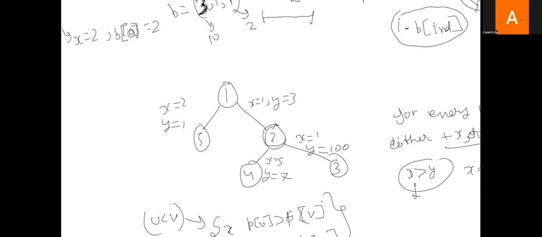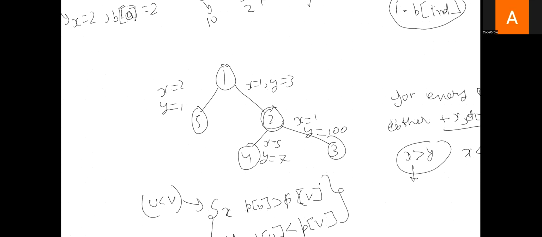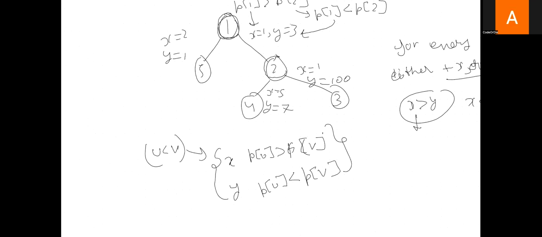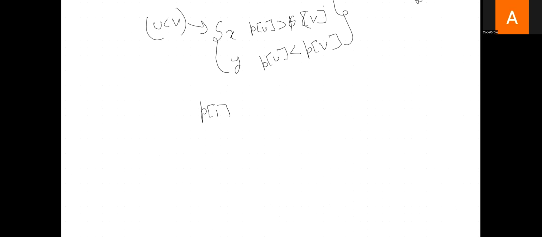So you want y to contribute in this edge. If P1 was greater than P2, you would get x, else you get y. If the permutation of 1 is less than the permutation of 2, you get y. So in this case, you will want P1 less than P2.